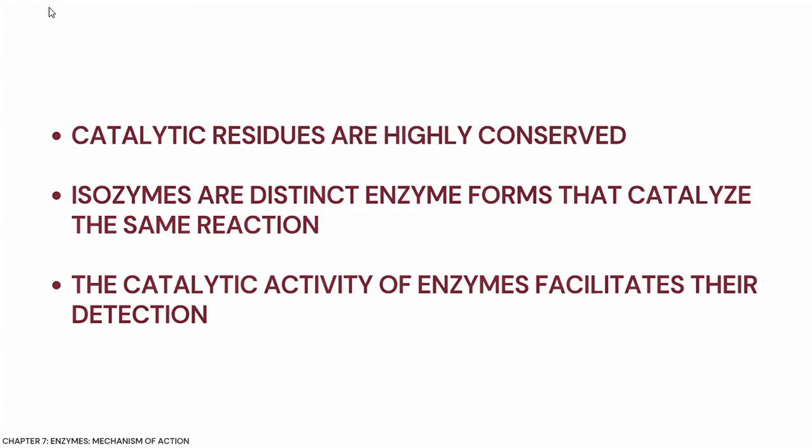And these isozymes are located in different tissues. So much so that these isozymes are also used as a diagnostic test for what particular organ is being diseased or has a problem.